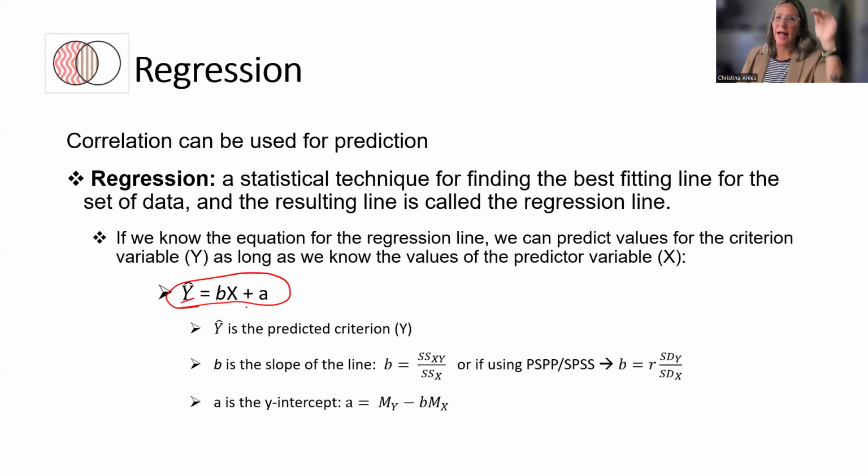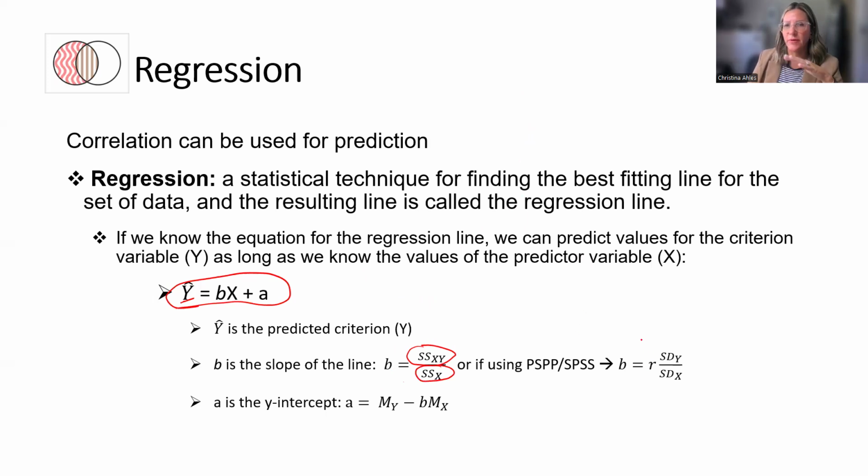That little hat on y basically says this is a predicted criterion, because y is considered the criterion variable and x is considered the predictor variable. So b is that slope. To get b, you take your sum of squares xy and divide by the sum of squares x.